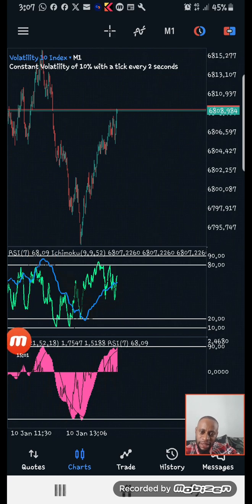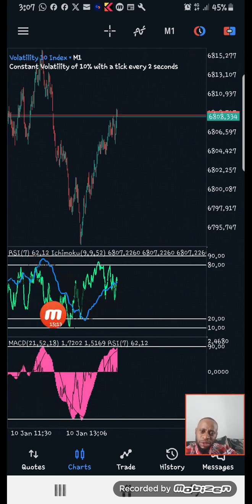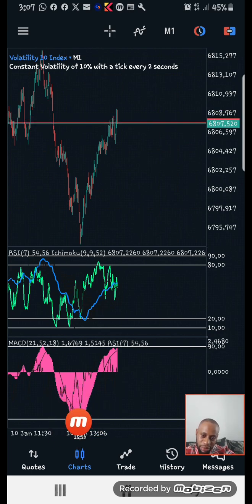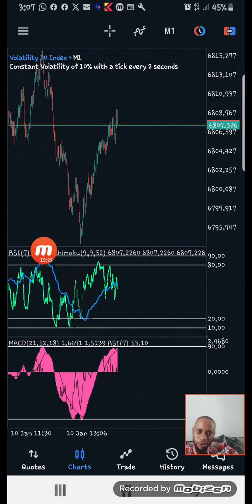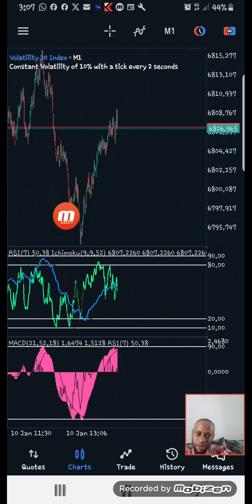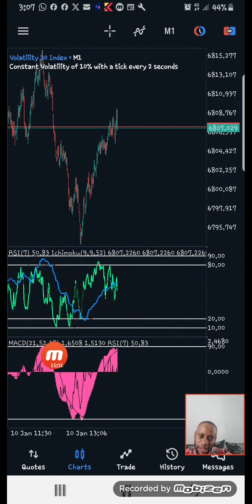When you see things like this, you know there's a first signal here and a secondary signal of confirmation, and in that situation you can enter your trade. You enter a trade at this point, which is here, and then you exit the trade somewhere around here or here, using the MACD and the Ichimoku.